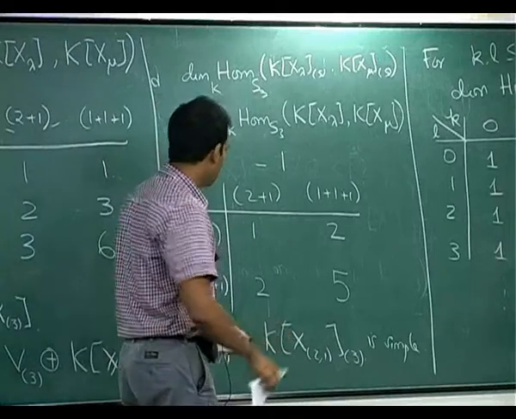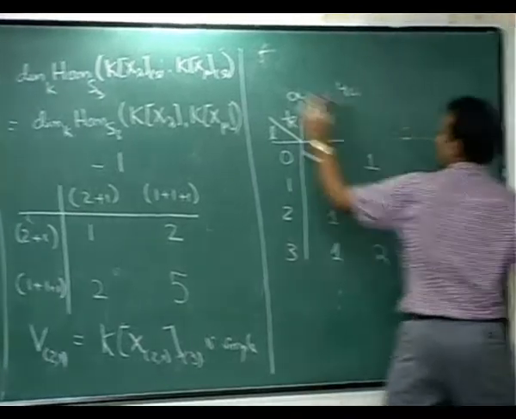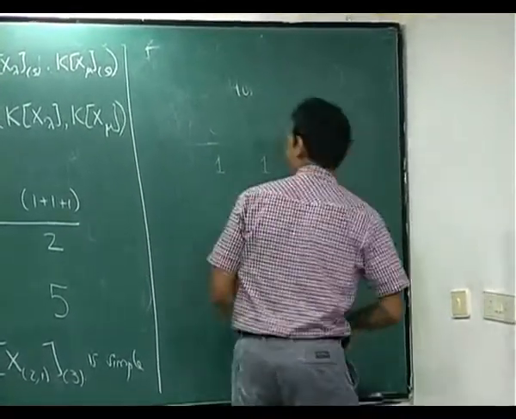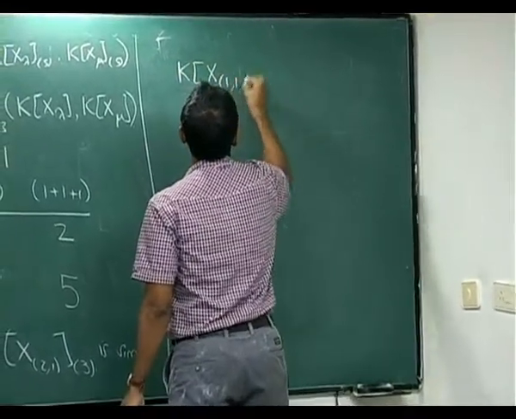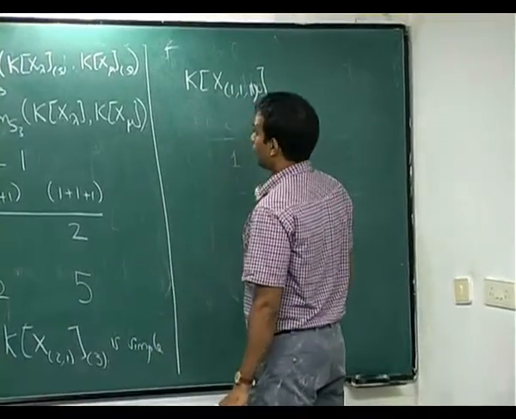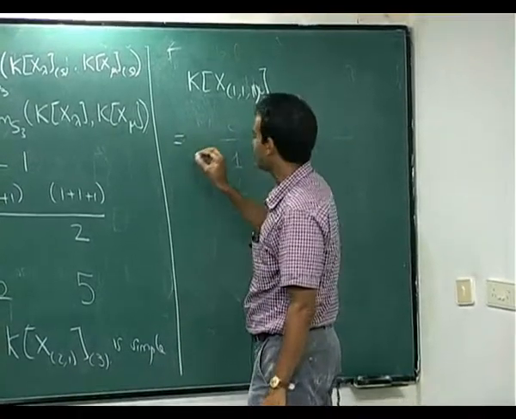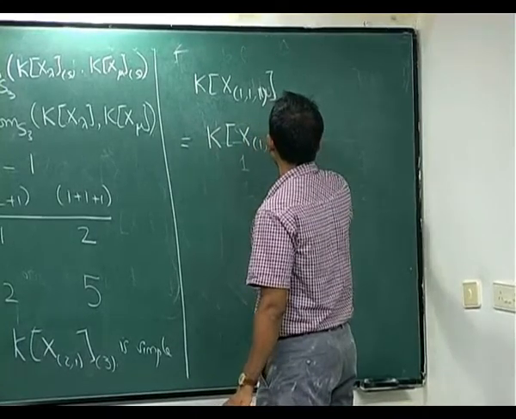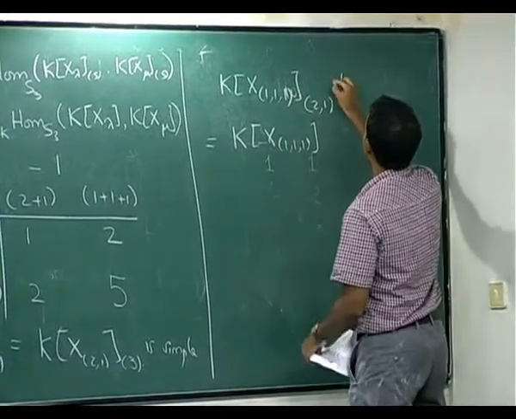So now we'll define kx111 subscript 21 as kx111, well, actually we put the sum here.